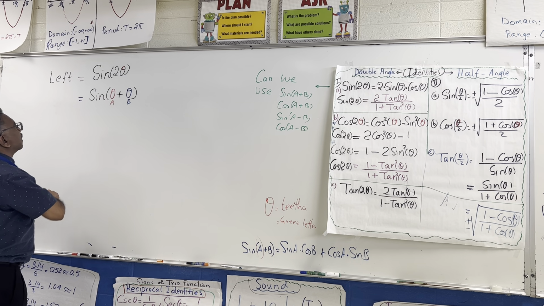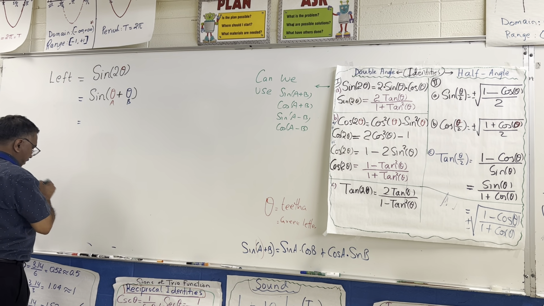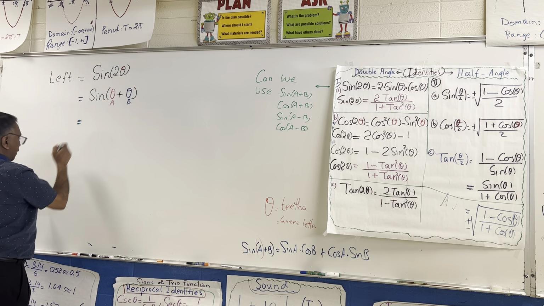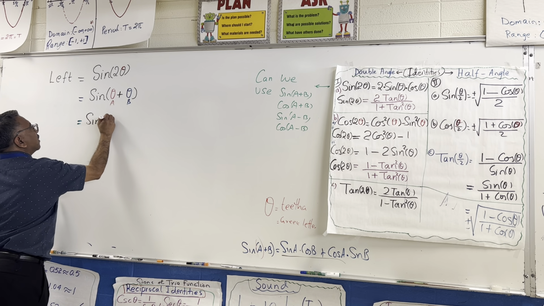So that equals, and this time I'm asking Valerie, can you help? You would just plug it into the formula. So how do I expand that? On the right side it'd be sine theta, so sine of the theta, let me write the theta. Then times cosine of theta, the blue one.